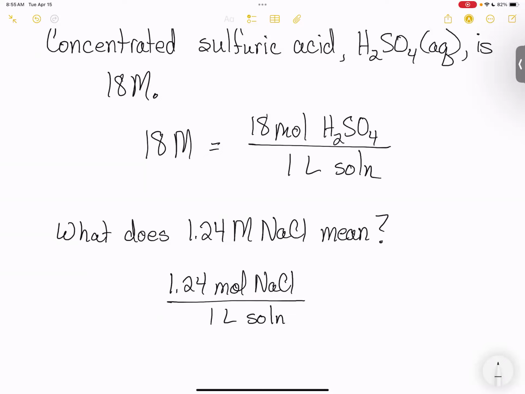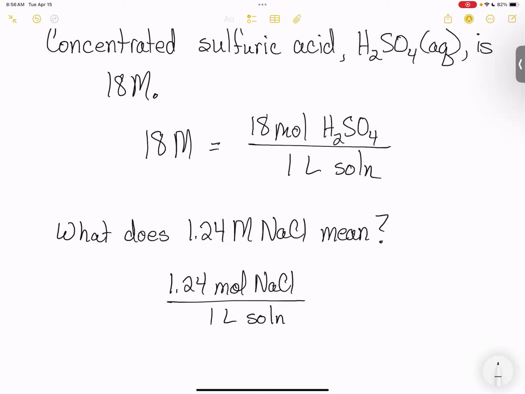You need to be prepared to think this way, where you can take that capital M molarity and break that molarity into its units. The reason you need to be able to think this way is really twofold.